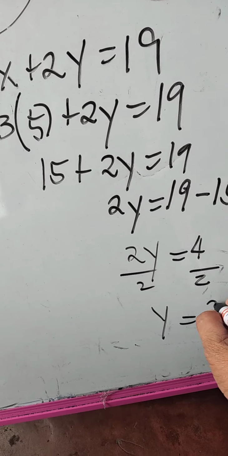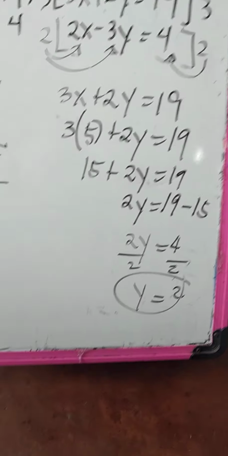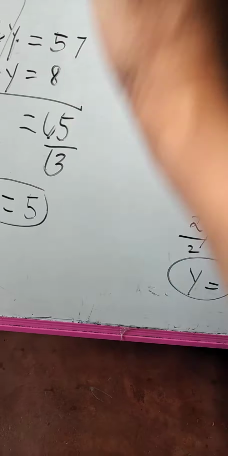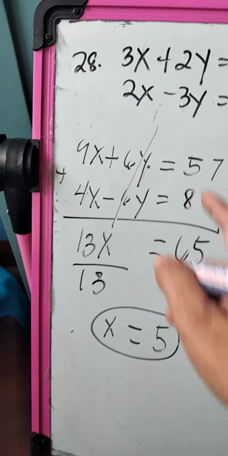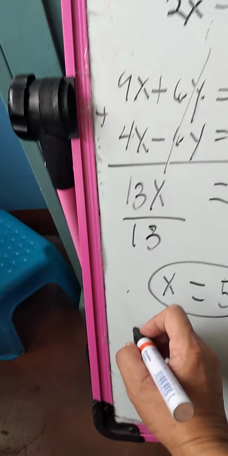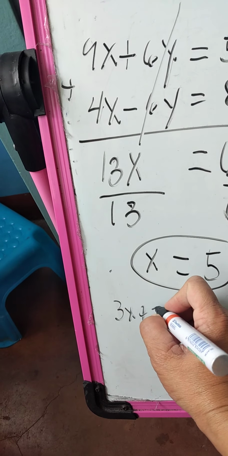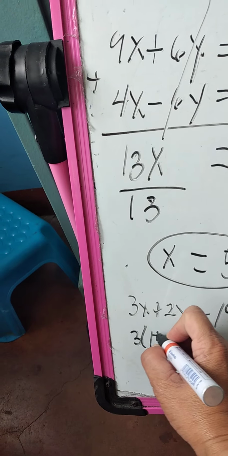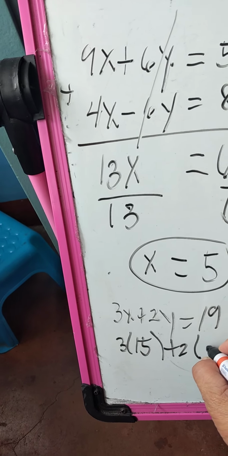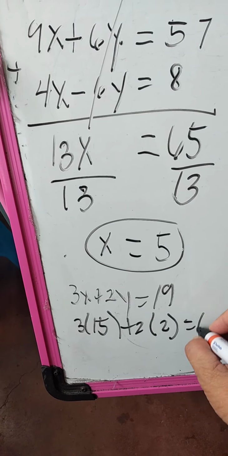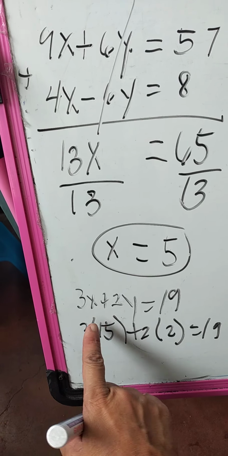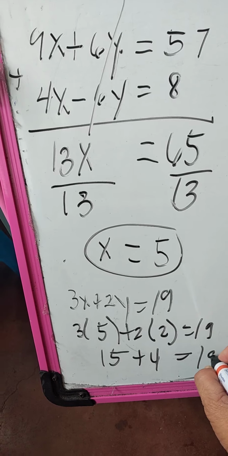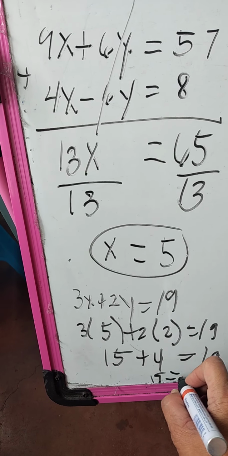y is positive 2. Now, will I stop there? No, you have to check. By checking, I will substitute. 3x plus 2y equals 19: 3 times 5 plus 2 times 2 for the y. 15 plus 4 is 19. 19 indeed equals 19.